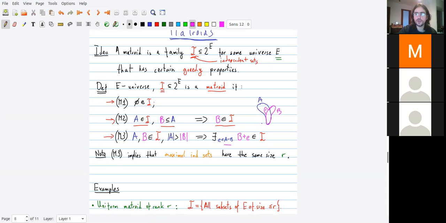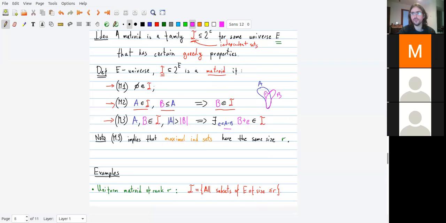Right. So let's see one property that maybe clarifies this. Namely, if I look at inclusion-wise maximal independent sets in a matroid, then they all have the same size r. Why? Because if I had two that were not of the same size, then one would be larger than the other, and therefore to the smaller one, I would be able to add an element from the larger one, still preserving independence.